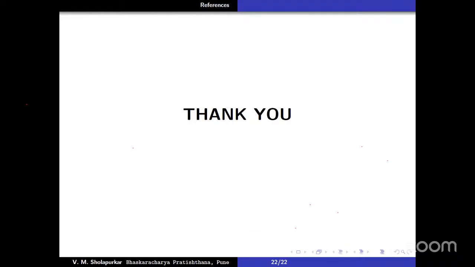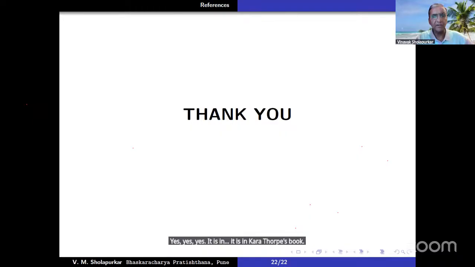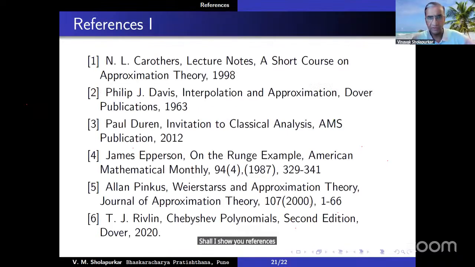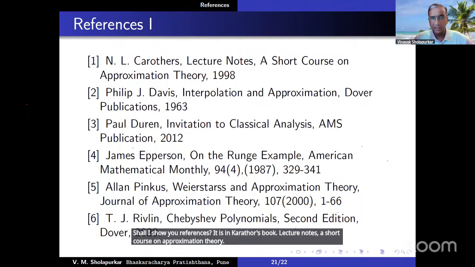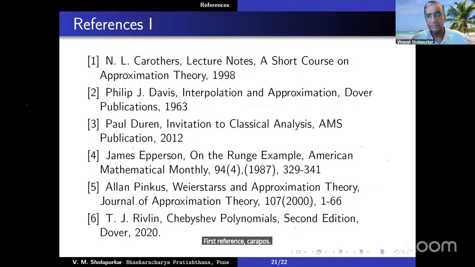Sir, the proof that you talked about of the Weierstrass approximation theorem, by Lebesgue, in which reference is it? It is in Cheney's book, Introduction to Approximation Theory. Shall I show you the references? It is in the first reference, Cheney's. The proof is given.